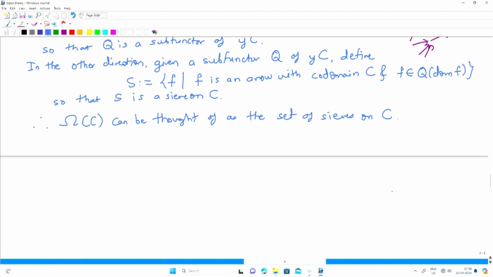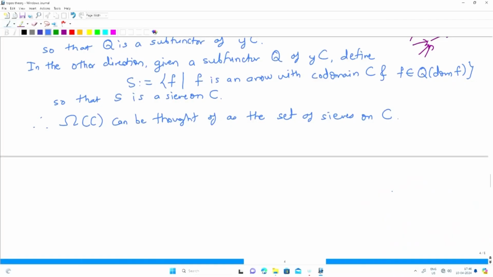Try to give me some example of a sieve. The most obvious one that comes to your mind. All maps with codomain C. So that will correspond to which subfunctor? YC is a subfunctor of YC, right? So let's define that now.